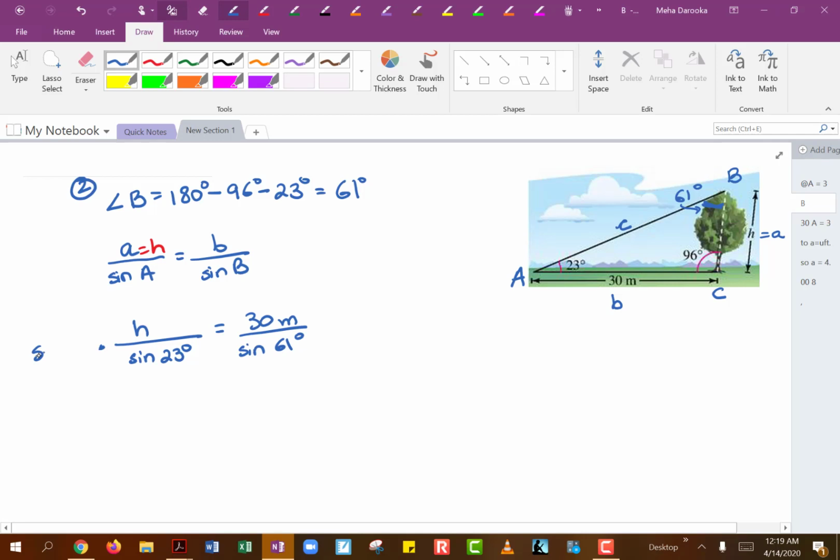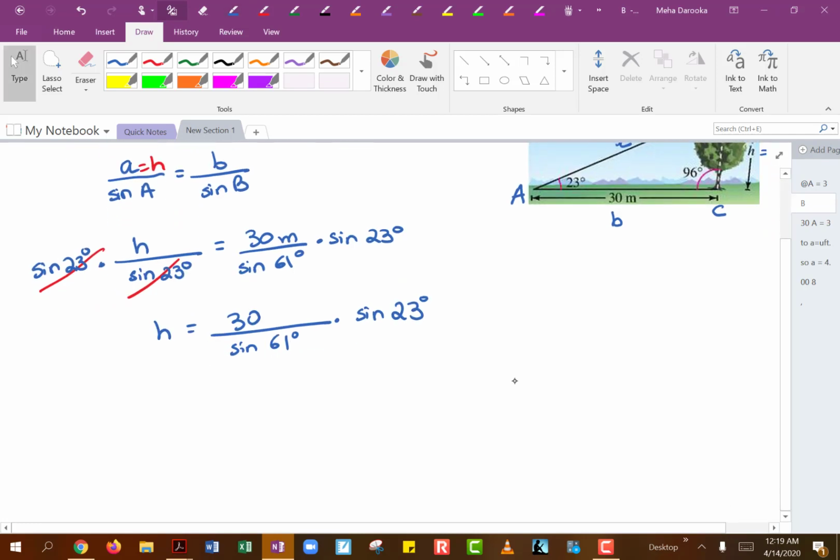So the first thing I'm actually going to do is go ahead and multiply both sides by sine of 23 degrees. Get our H by itself. And then you're basically multiplying 30 over sine of 61 with sine of 23 degrees. Now, I would probably just put all of this in my calculator.